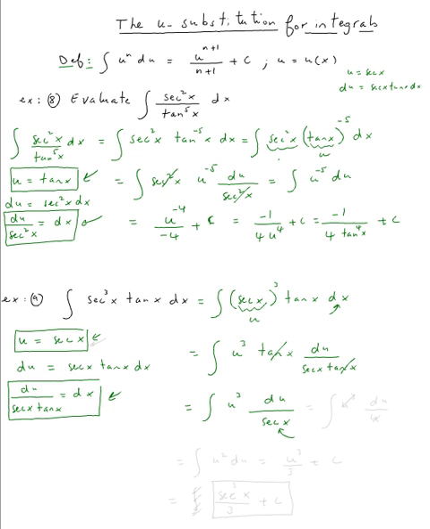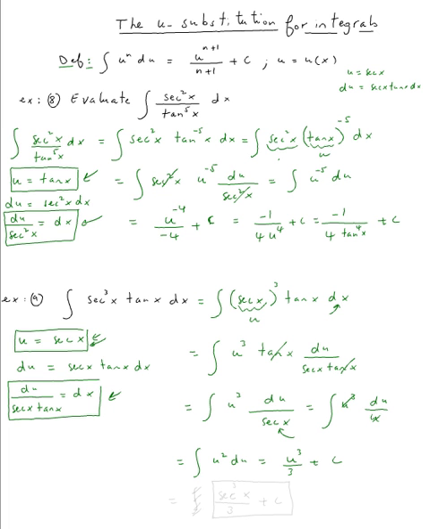Now I have a problem with secant x, but secant x is just u. So this is u cubed du over u, which is pretty easy. The integral of u cubed divided by u is u squared du, which is u to the 2 plus 1, which is 3, over 3.